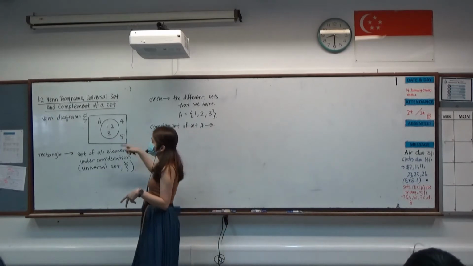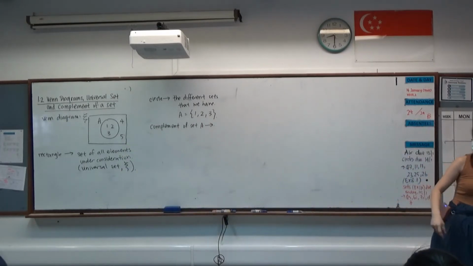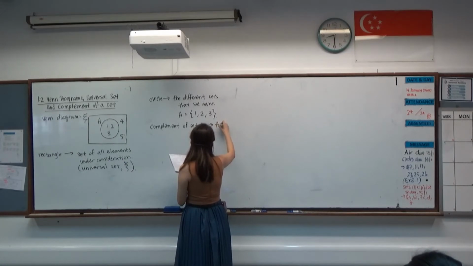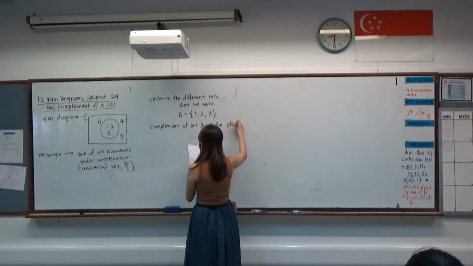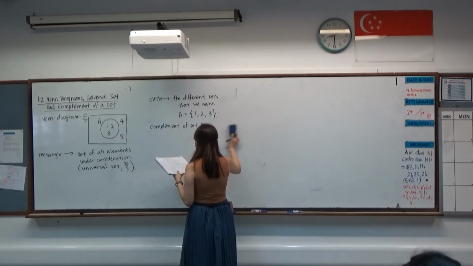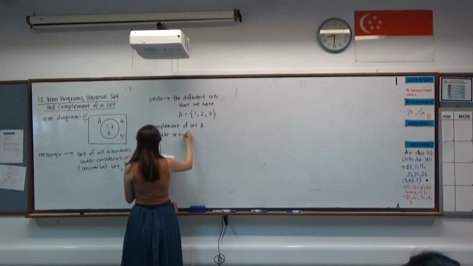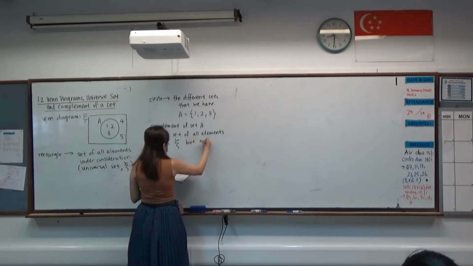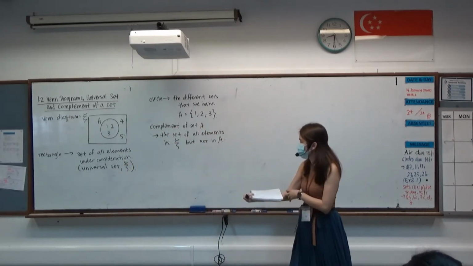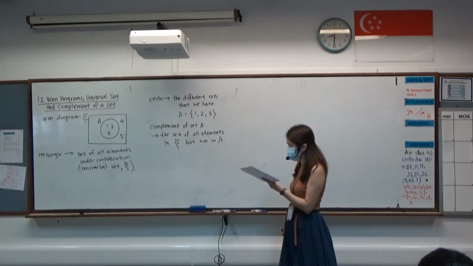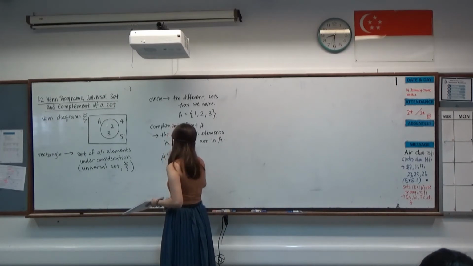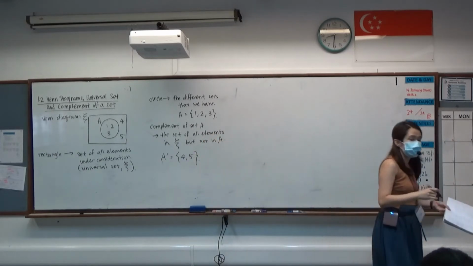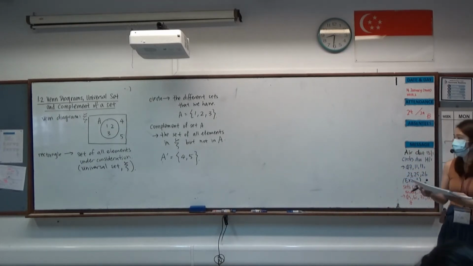So the 4 and 5 is what we call the complement of set A. Complement, in this spelling, refers to the set of all elements in the universal set but not in the set A. So when we want to describe the complement set, we will put an apostrophe on the top right-hand corner of the letter A.